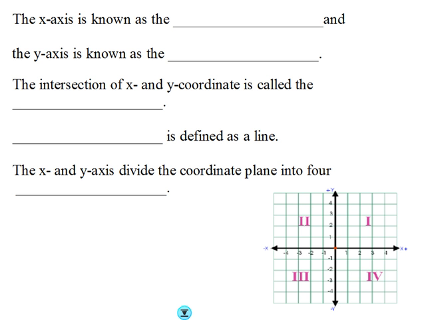In the next part, it talks about the x-axis and the y-axis. If you look at the picture down here, the x-axis is this line, and this is known as the horizontal line. Then the y-axis is the one going from top to bottom, and this is not horizontal, this is a vertical line.